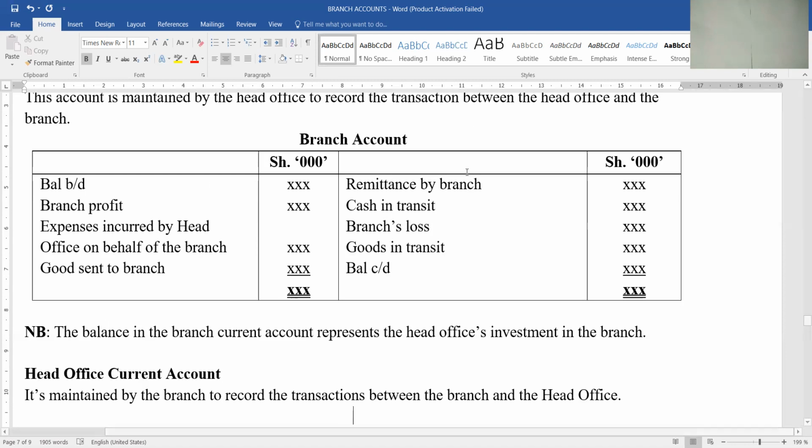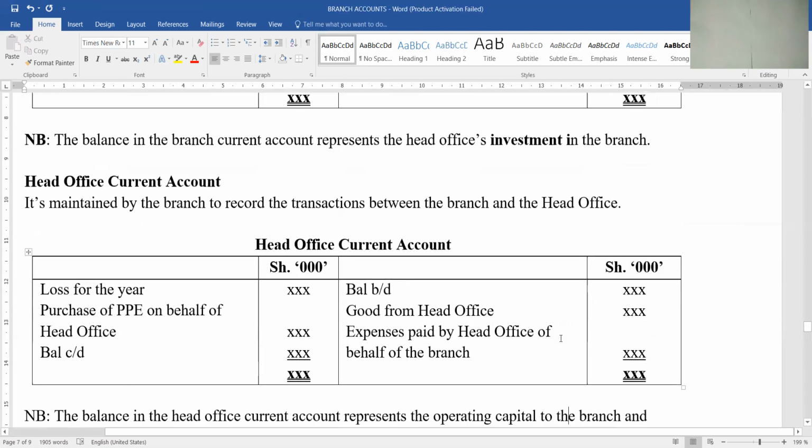So this element of branch current account will be recorded as a non-current asset under the statement of financial position of the head office. You can see they have said it's treated as an investment. So when I record the branch current account under the column of the head office as a non-current asset, this is the reason why: it's treated as an investment.